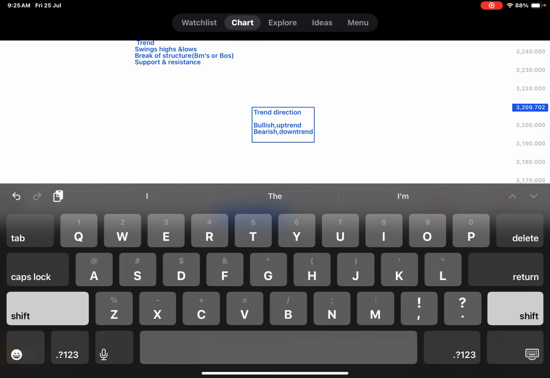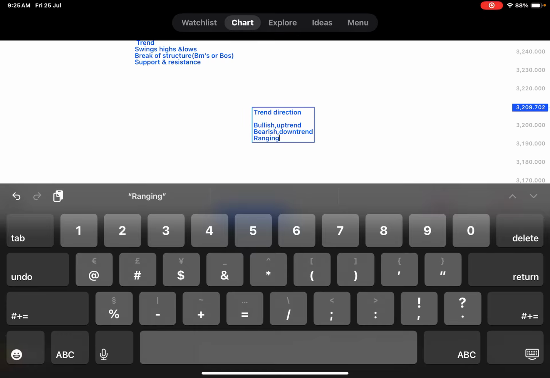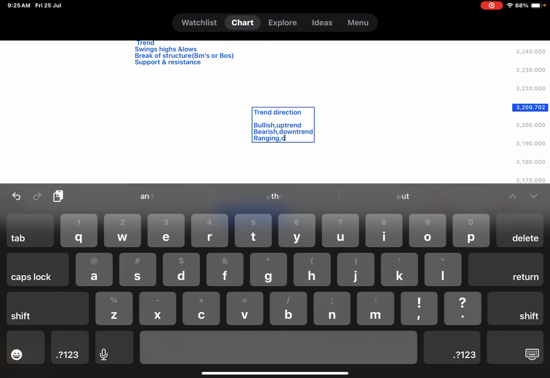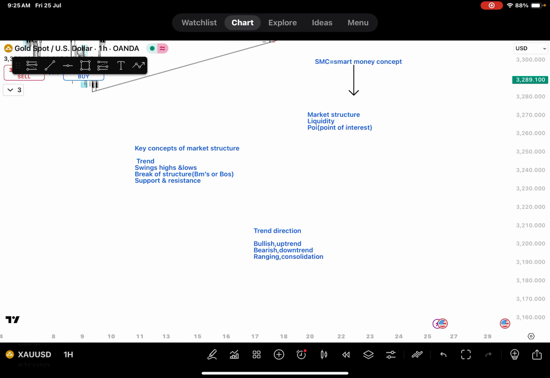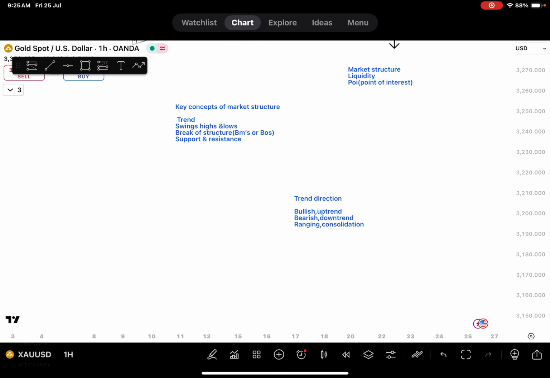And we have the third one, which is the ranging market. It is called the ranging or consolidation. So this is what the trend of the market is basically about.